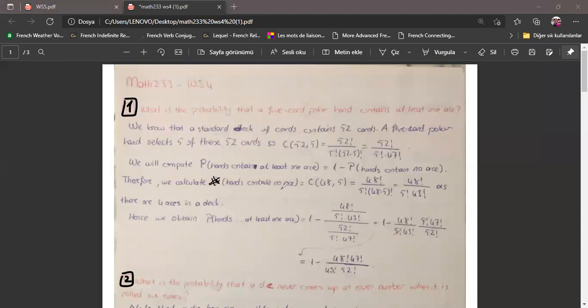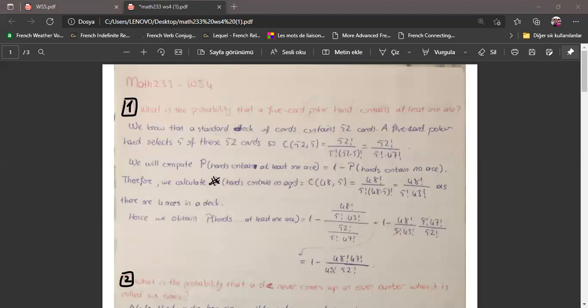We have no right to choose an ace among these 5 cards, so from this 52, we subtract these 4 aces. In a deck, we have that many aces. So we will choose 5 cards from this many cards. So this is the number of hands that do not contain an ace.